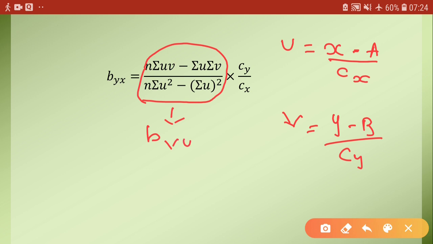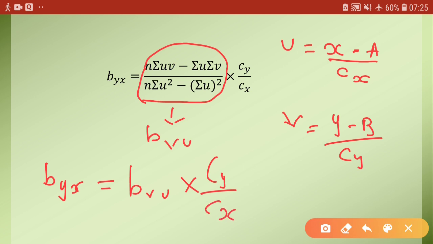If I change the name to BVU, the formula will look like this: BYX is equal to BVU into Cy upon Cx. So this is your formula for the day.